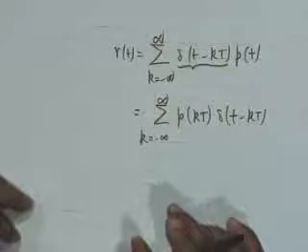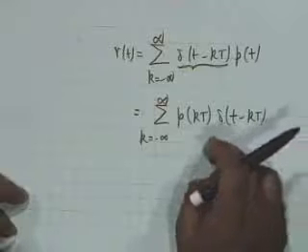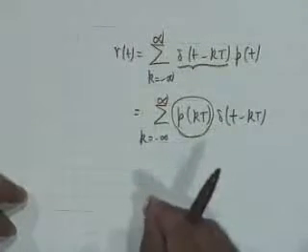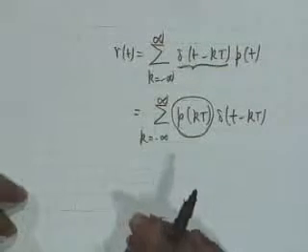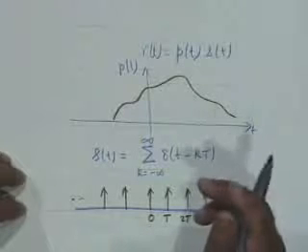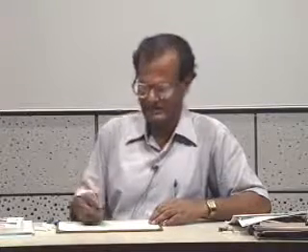Which essentially means that I am sampling out the values of the function P of t at regular intervals of time. In other words, what I am doing is I am converting the given signal P of t into a discrete time signal. This discrete time signal occurs at regular intervals of time.